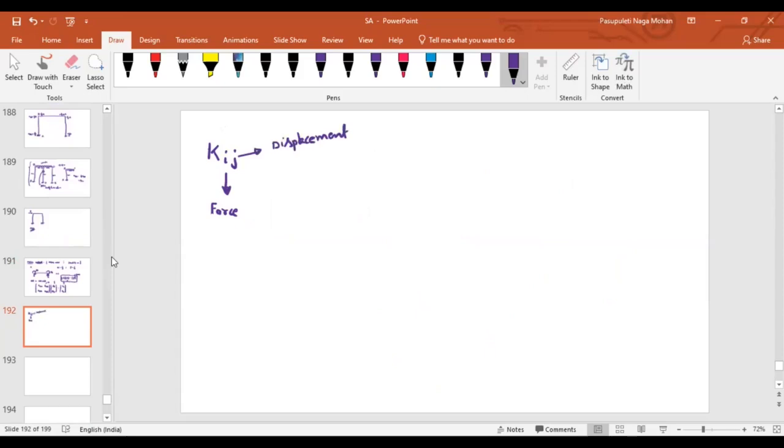That means, as we have already discussed, the stiffness we are talking about is where we find the force at I by applying displacement at J. If I apply the unit displacement at J, what is the force required? I am saying force required at I, or force generated at I. Anything is possible. If you are applying unit displacement at J, how much force is required at I?